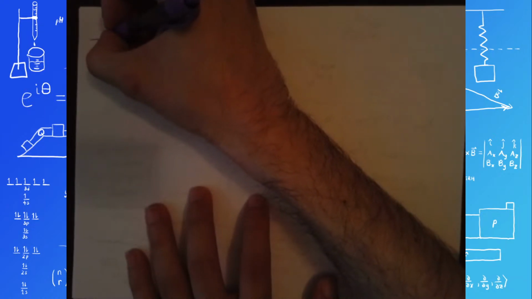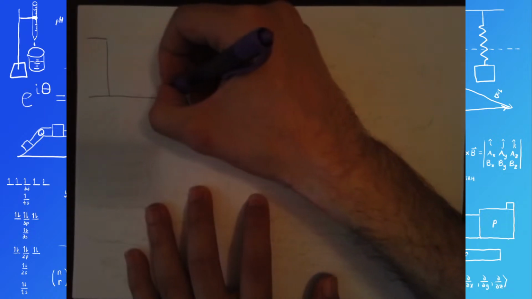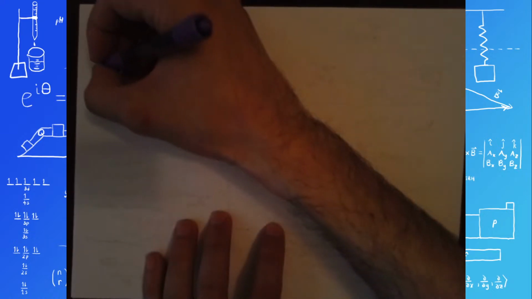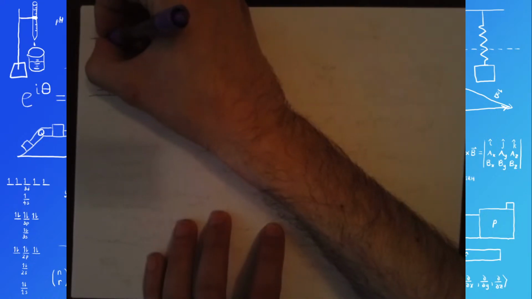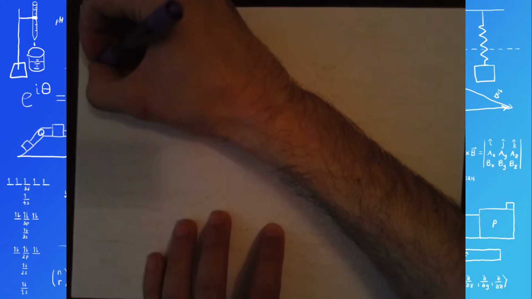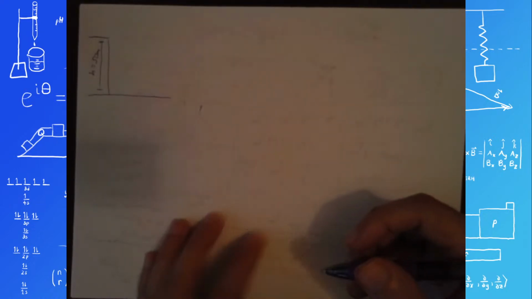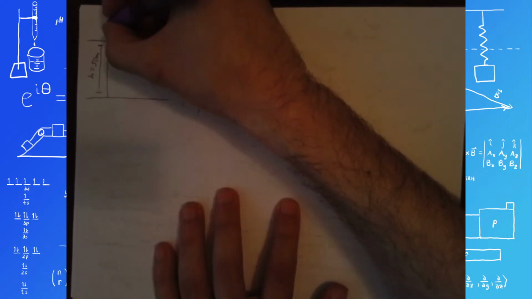So we are standing at the top of a cliff, which is 50 meters high. Height equals 50 meters. Okay. Object is thrown horizontally with a speed of 18 meters per second.